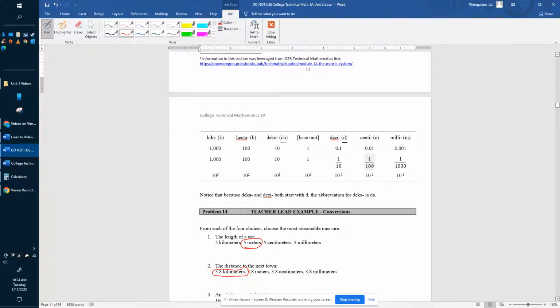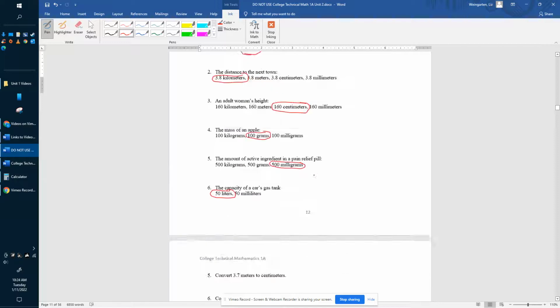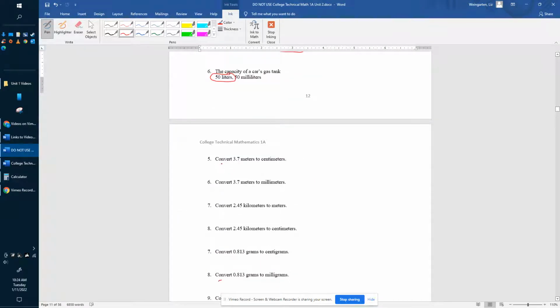Centimeters would be 1/100th the size of a meter, so we are going to divide our meters by 10 to the negative 2. 3.7 divided by 10 to the negative 2.